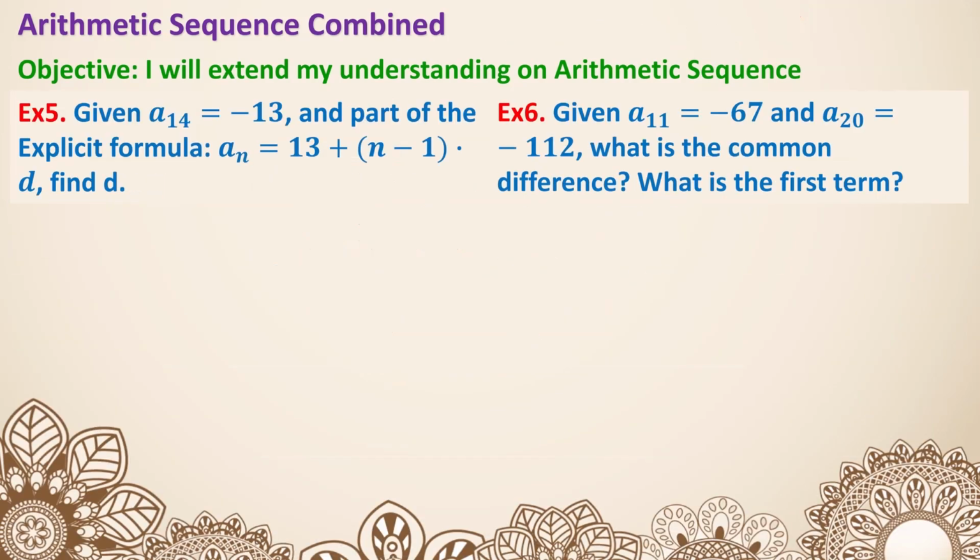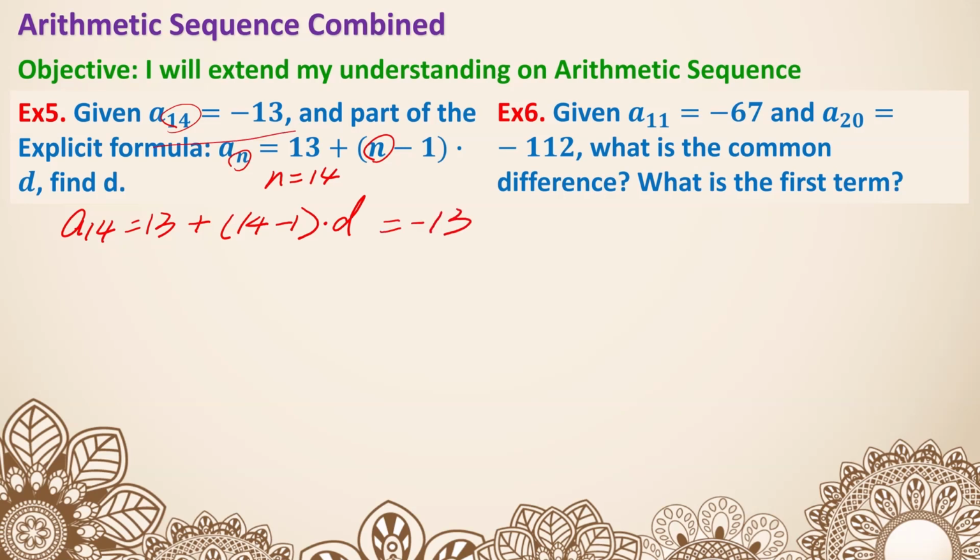Moving on, example 5. You're given a sub 14 equals negative 13, and part of the explicit formula. Same thing, we're going to do the exact same thing. You're given a sub 14, so we're going to replace n with 14. A sub 14 would be 13 plus 14 minus 1 times d. That equals negative 13, because a sub 14 is negative 13.